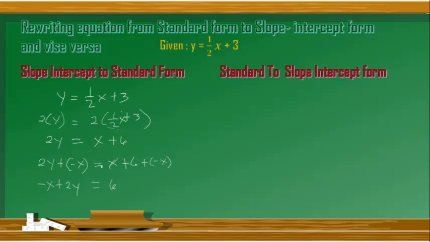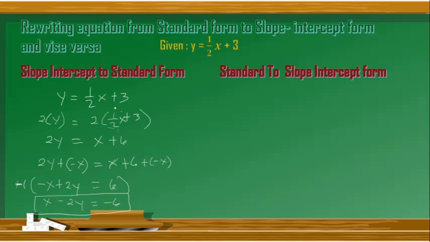So in order to make our x positive, we have to multiply this one by negative 1. This will become positive x, negative 2y equals to negative 6. So this is your standard form for this given slope-intercept form equation.